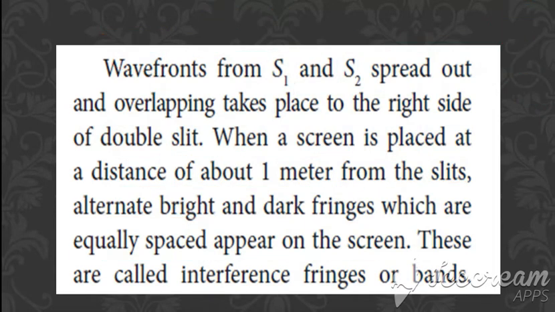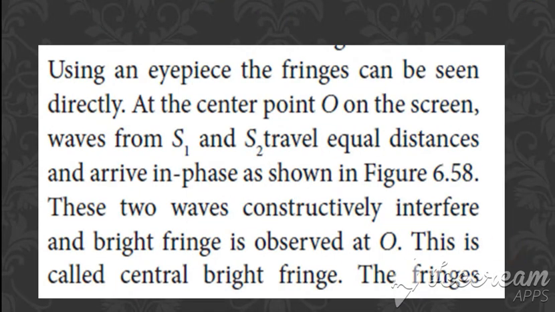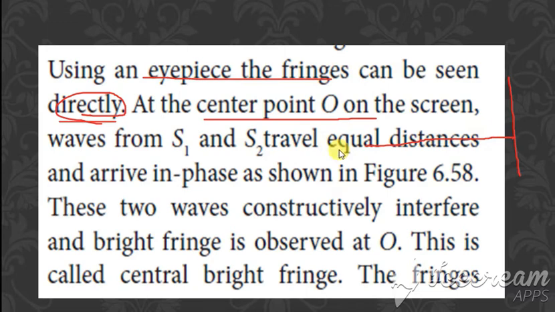These are called interference fringes or bands. Using an eyepiece, the fringes can be seen directly, so using our eye itself, we can see the fringes directly. At the center point O on the screen, the waves from S1 and S2 travel equal distance and arrive in phase.